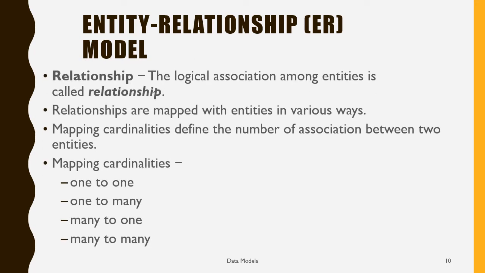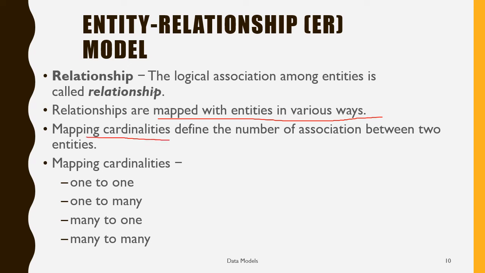In the case of entity relationship model, the logical association among entities is called relationship. Relationships are mapped with entities in various ways. Mapping cardinalities define the number of associations between two entities.